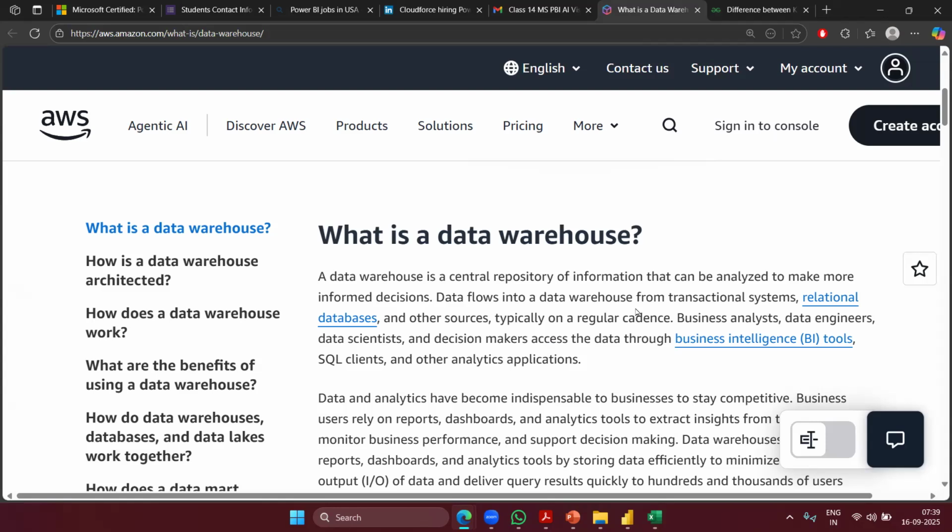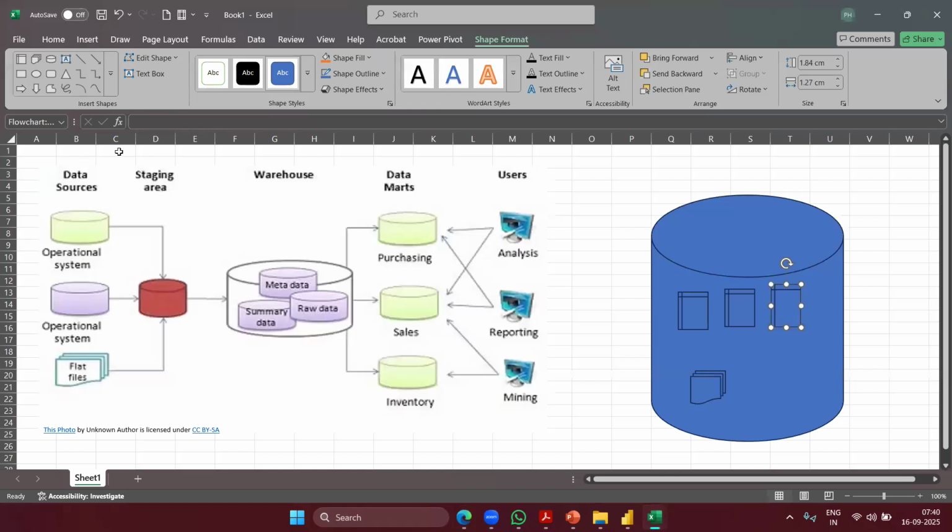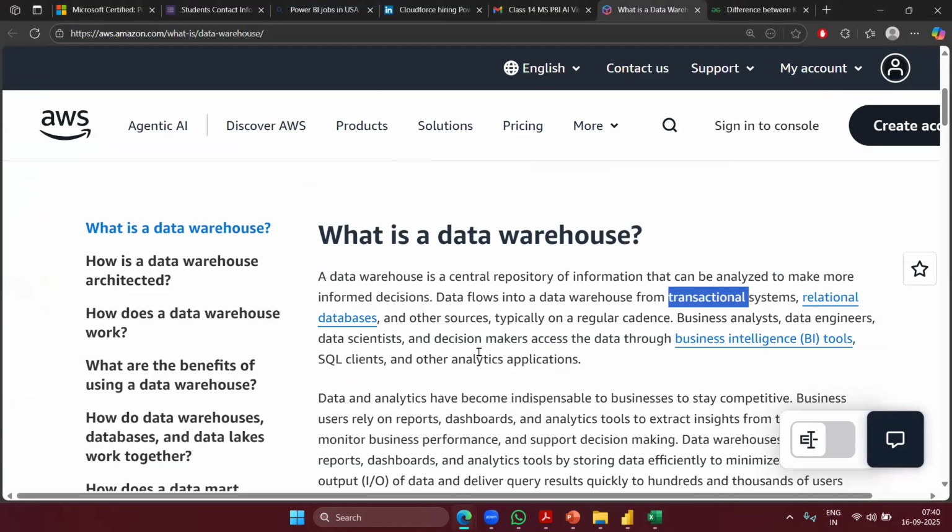Data flows into a data warehouse from transactional systems, relational databases, and other sources. You would have seen this diagram. The data would be stored from transactional systems, files, or relational or other sources. And typically on a regular basis, business analysts, data engineers, data scientists, and decision makers access it through business intelligence tools, SQL clients, and other analytical tools.